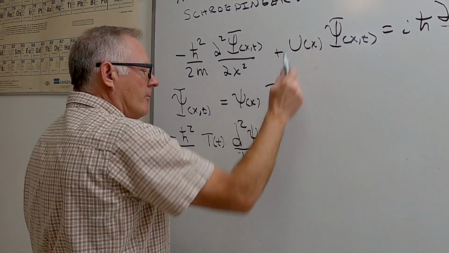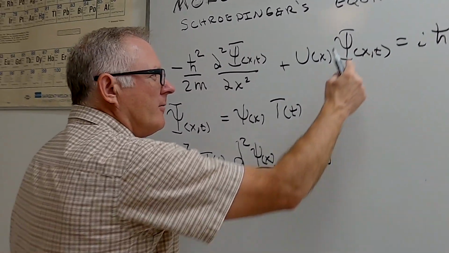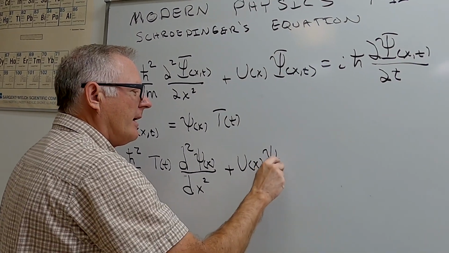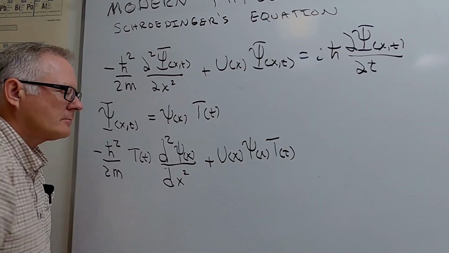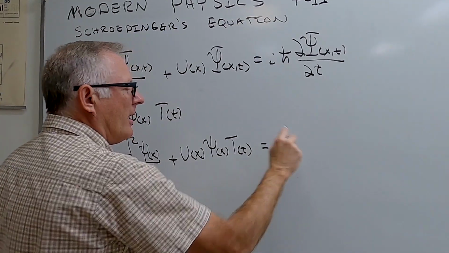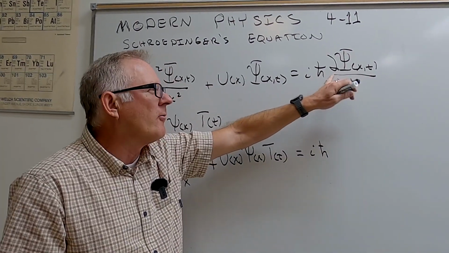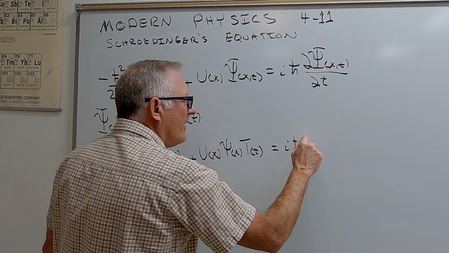Then plus U of x, and for that we plug in the product of the two, psi of x, T of t, equals i h bar. I can pull the x part out in front because you're just taking the derivative with respect to time, so I'll pull out the psi of x part.